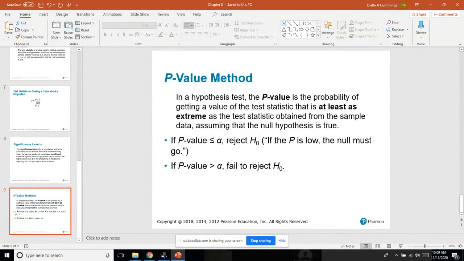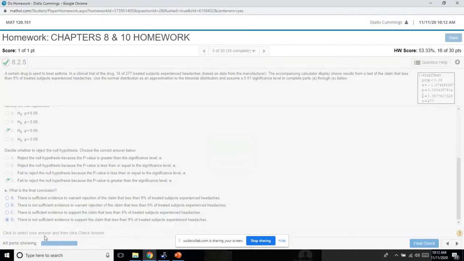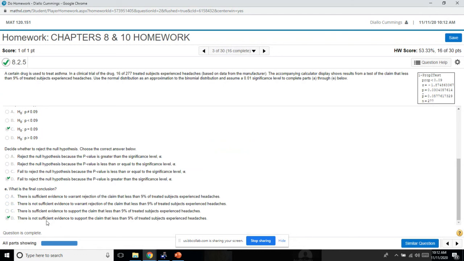Going back to the p-value method, our p-value is greater than our significance level, so we would fail to reject the null hypothesis. There is not sufficient evidence to support the claim that less than 9% of the treated subjects experience headaches. So our correct answer choice here would be D.